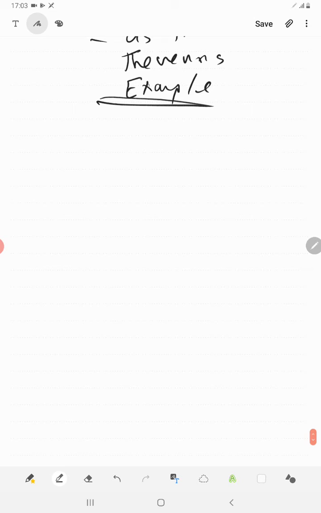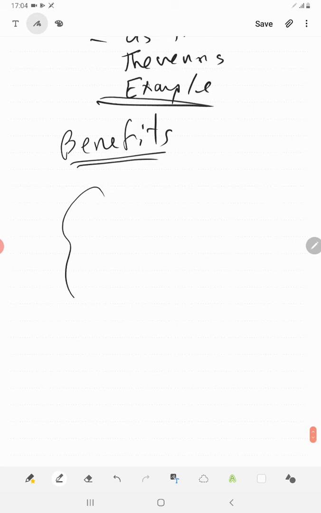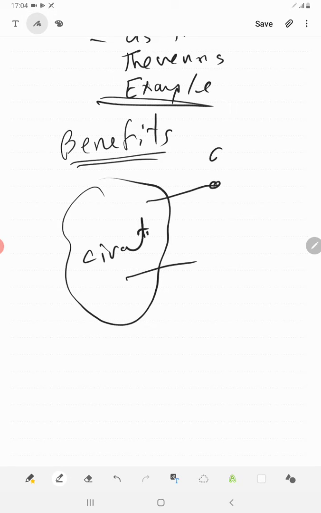What is the benefit of using Thevenin's or Norton's equivalent circuit? Benefits. If you have a circuit here, and you have A and B, and you connect a resistance here.